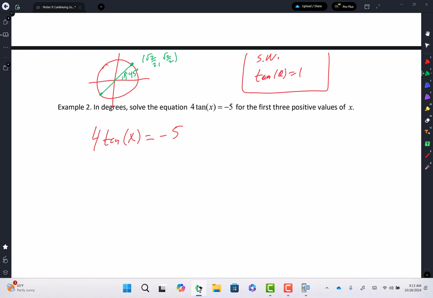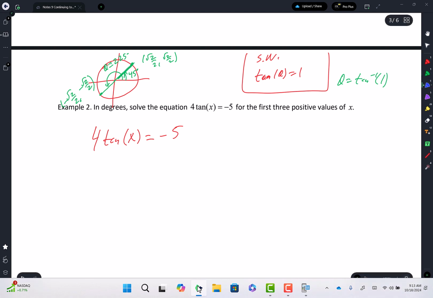What's this one? That one's 225 degrees, because you get negative square root of 2 over 2, negative square root of 2 over 2. No matter how hard I try, when I go theta equals arctan of 1, the calculator is only going to give me the 45 degree one.